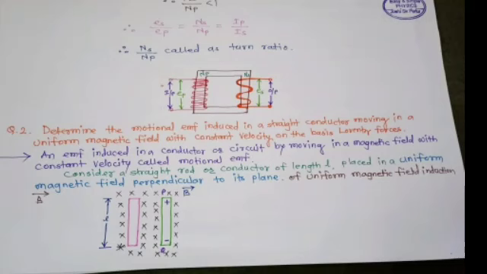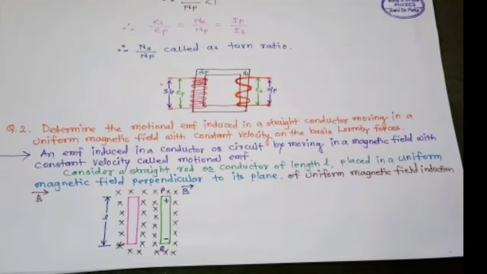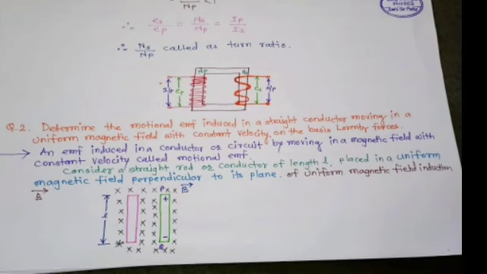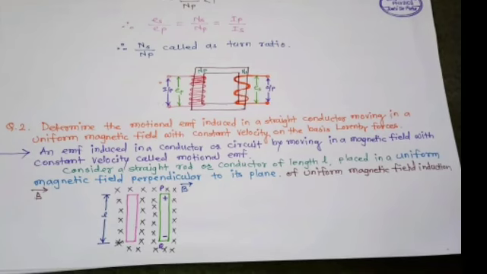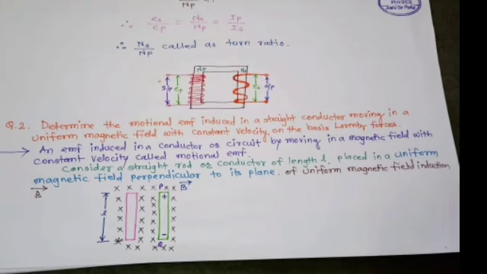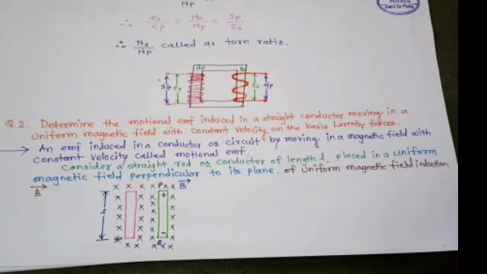So the answer is: an EMF induced in a conductor or circuit by moving in a magnetic field with constant velocity is called motional EMF.